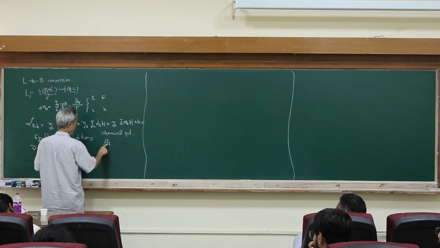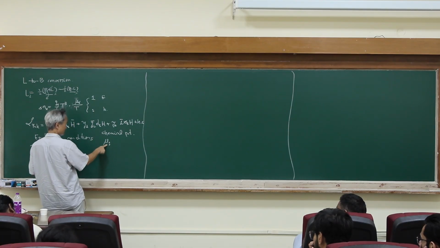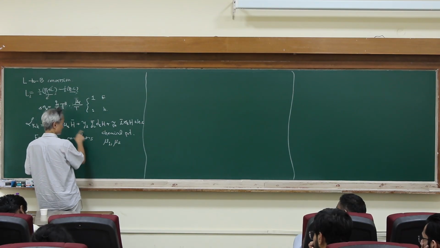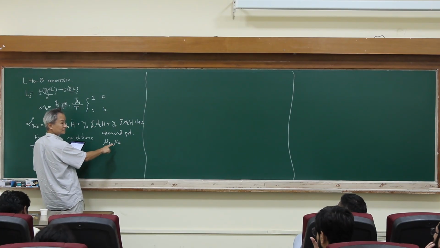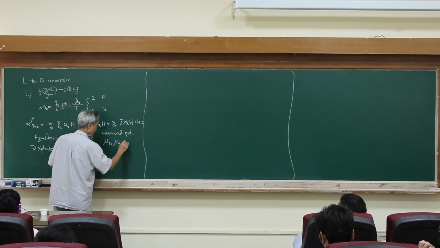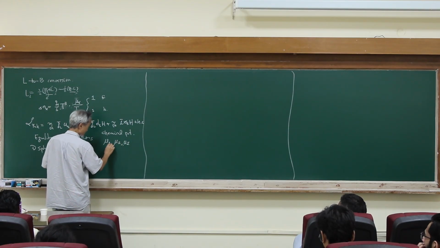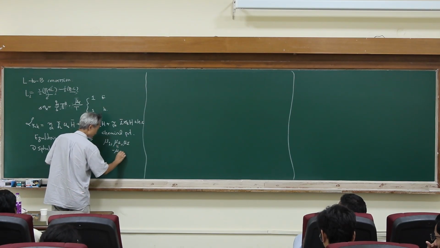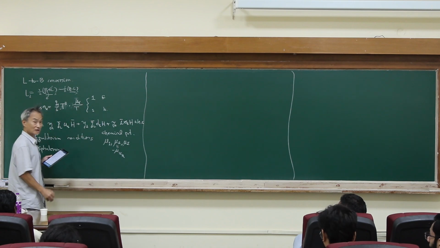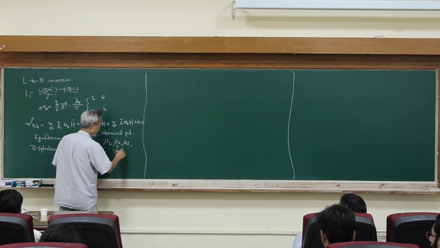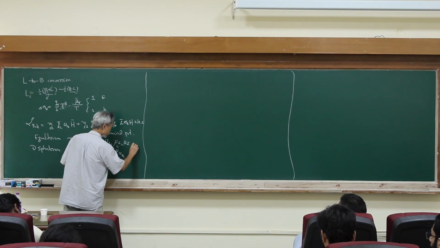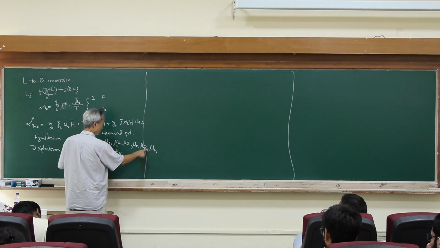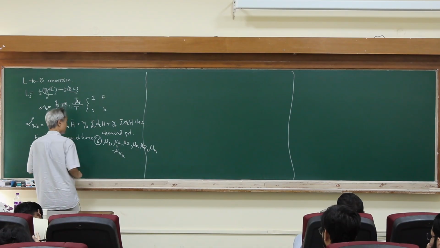Let's take the notation mu q for a left-handed doublet, and for right-handed quarks I call them u bar and d bar. This is basically the negative of the UR chemical potential, but I like this notation for some reason. We have 1, 2, 3, 4, 5, 6 chemical potentials.